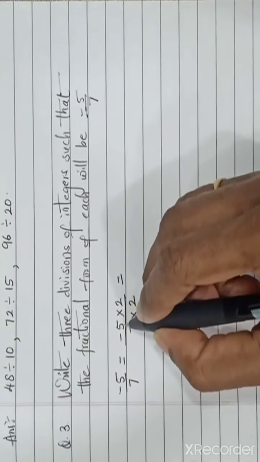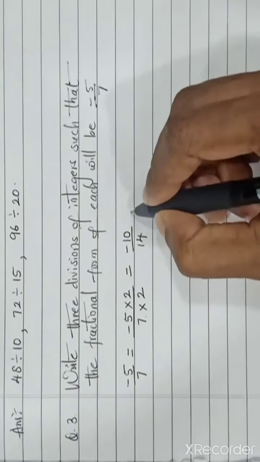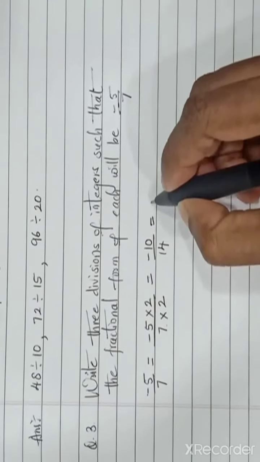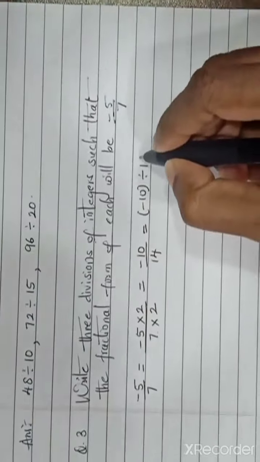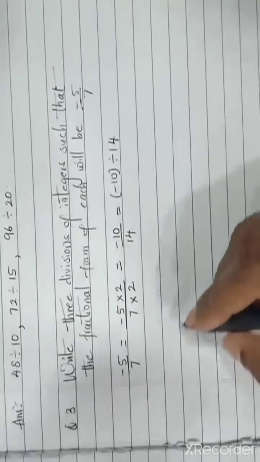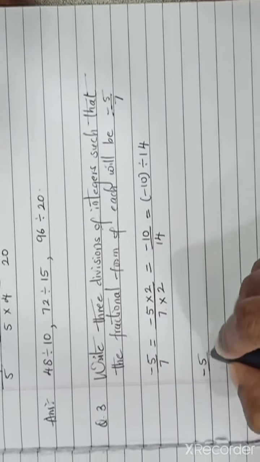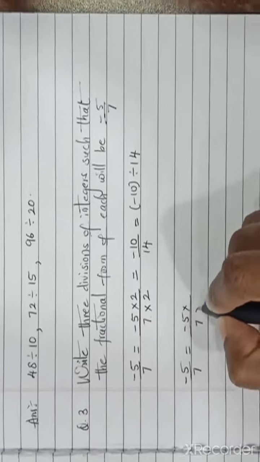2 multiplied by minus 5 is minus 10, 2 7s are 14. Okay, this is the fraction form, minus 10 upon 14, I'll put it in the division form, minus 10 divided by 14. Okay, now 2 more we have to find out, minus 5 upon 7 multiplied by 3.